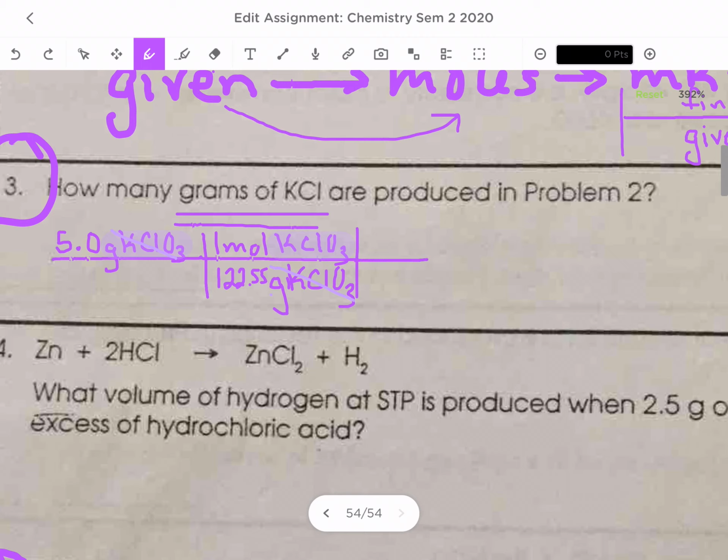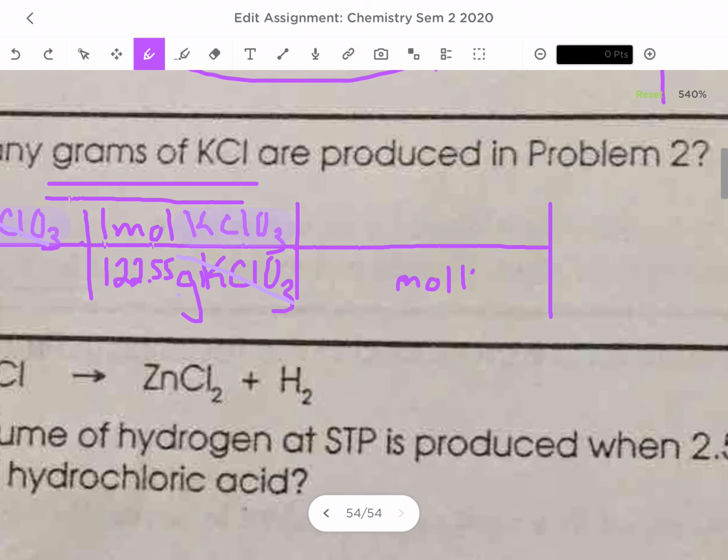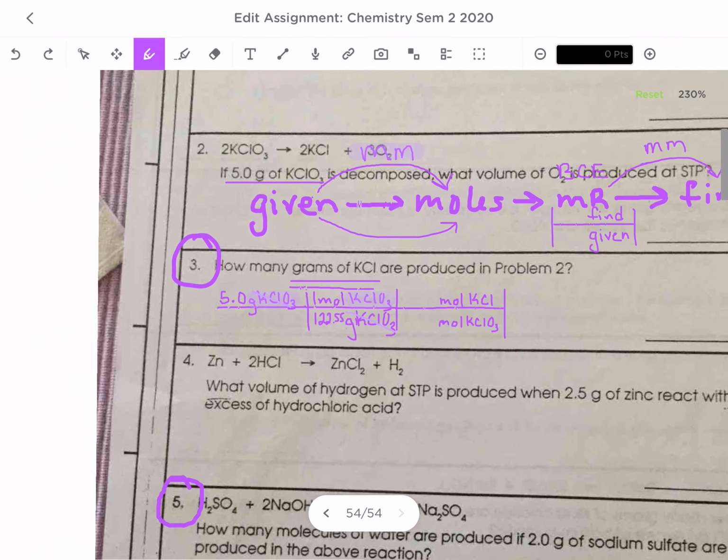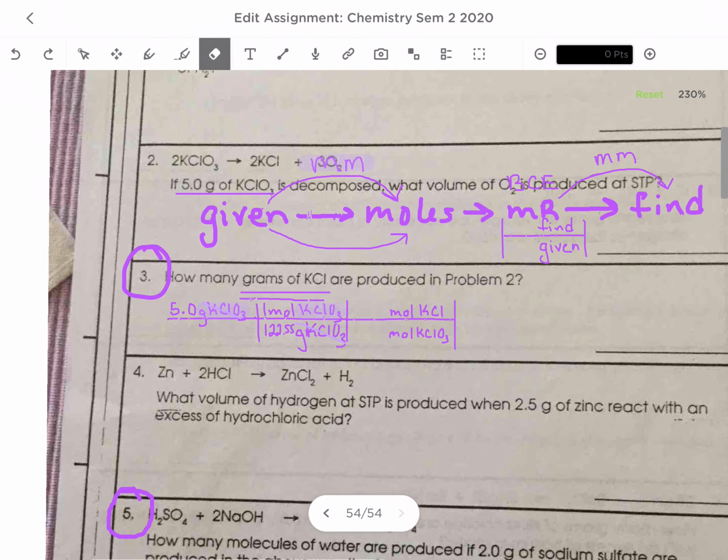I want to go ahead and use my mole ratio. So my given chemical is moles of KClO3, and what I'm trying to find is moles of KCl. So I look up here. I don't have to erase.